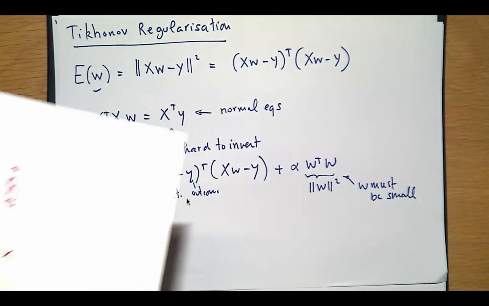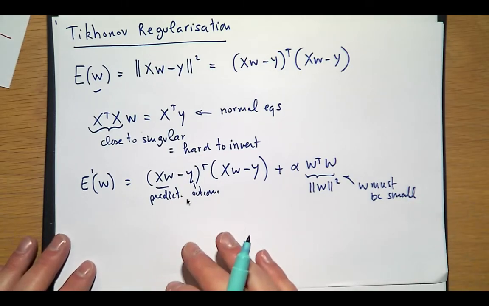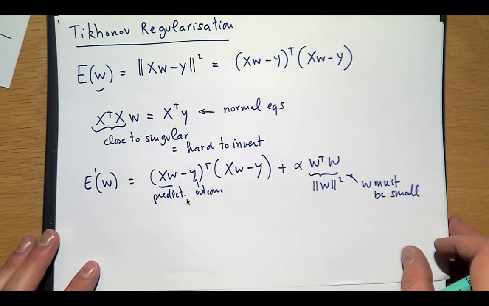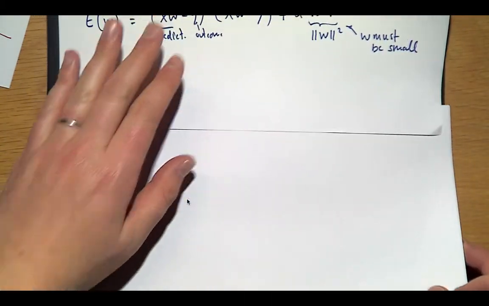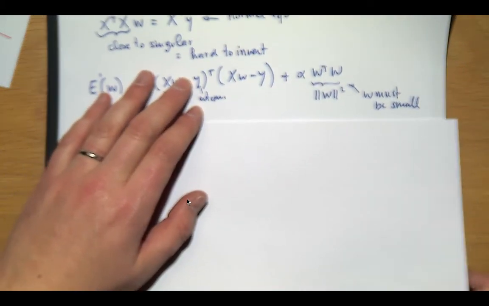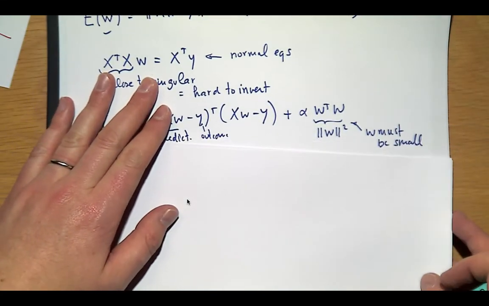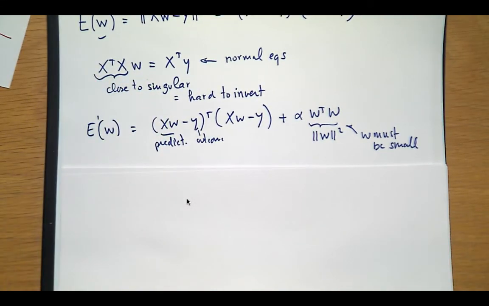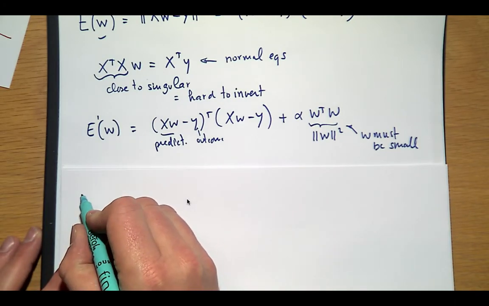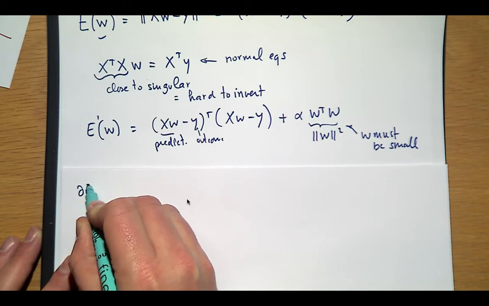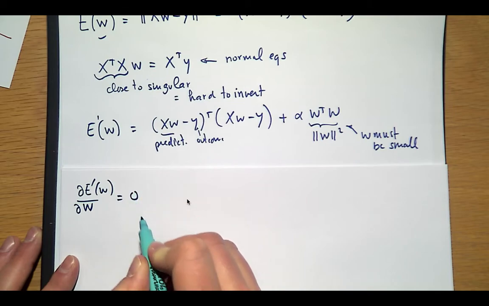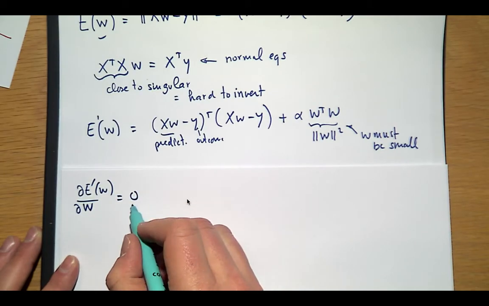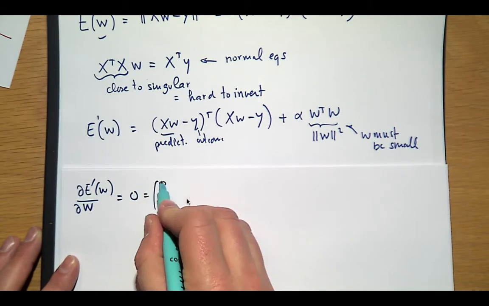And we're just going to quickly derive the implication of this. We're going to use the same mechanism as the derivation that we had for least squares. Basically, the gradient of this new loss function must be 0 for all the weights. So remember, this is a vector of zeros.